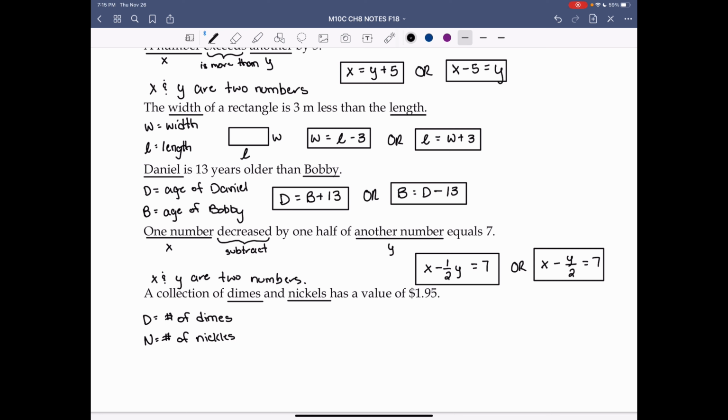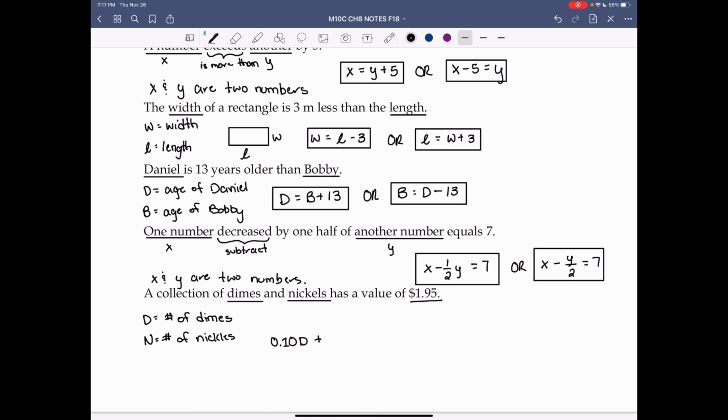A collection of dimes and nickels has a value of $1.95. What is the value of a dime? A dime is 10 cents. Written in dollar form, that would be 0.10. If we multiply that by the number of dimes that we have, D, that gives us the total value of the dimes.